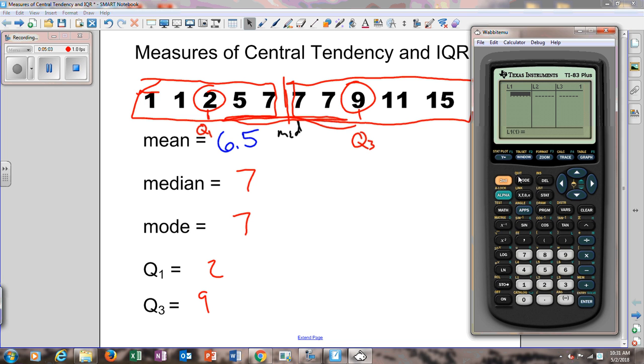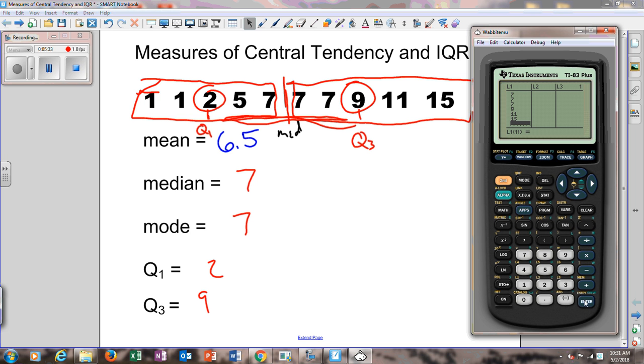So put your numbers in the list. 1, 1, push enter between each one, 2, 5, and then 3 sevens. Then a 9, 11, and 15.